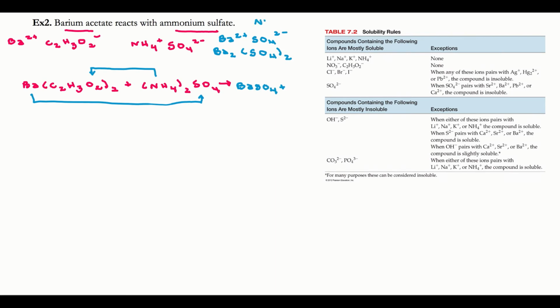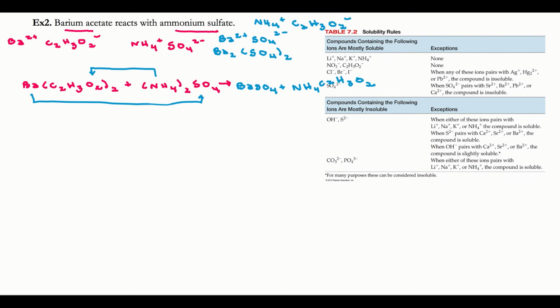Ammonium has a +1 charge. Acetate has a 1- charge. Okay, and so when I cross my charges, I just get NH4, and then acetate, C2H3O2.